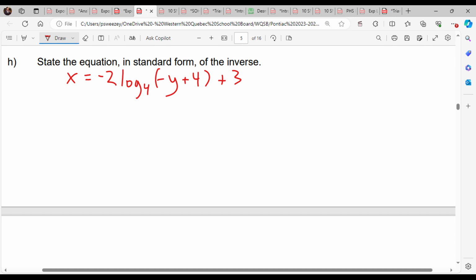Doing this first, that -2 log 4 of negative y plus 4, that's all one block now. Let's take a look at the 3 here. Let's get him out of the way. X minus 3 is equal to -2 log 4.